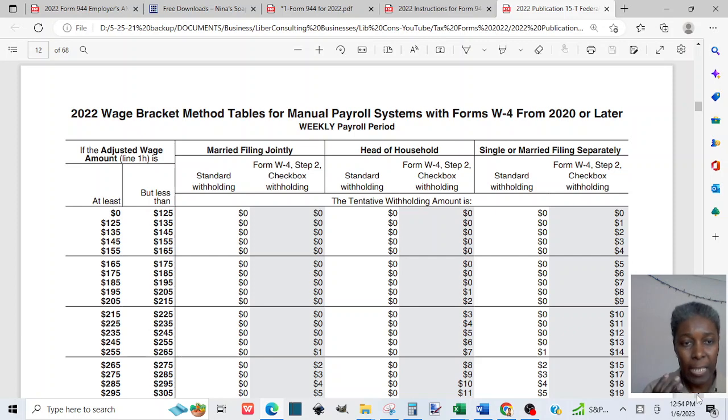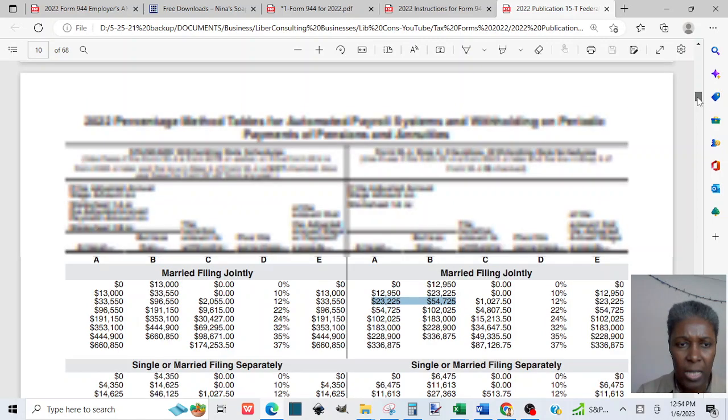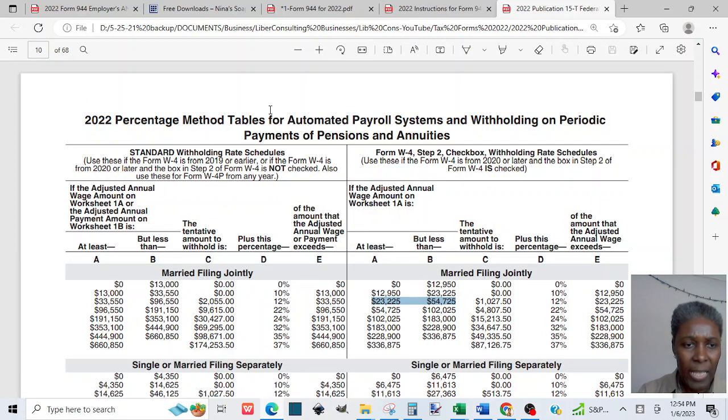With the second option, the wage bracket method for manual payroll system, they have an option for weekly payroll. I don't think the other one has it. The other one has it for the annual. Let's go check it again. This one has, yeah, if they adjust the annual wage.